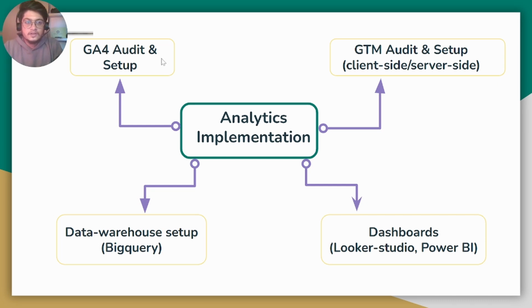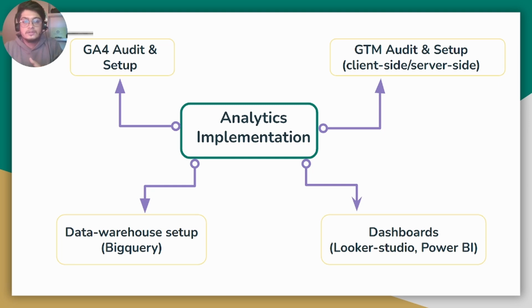Another very important tool in my architecture is Google Tag Manager. Let's say you have a website and you have connected GA4 to it, and you need custom conversion tracking or custom event tracking. Let's say you have an e-commerce website and you need to track custom events like add to cart, view item, and purchase.